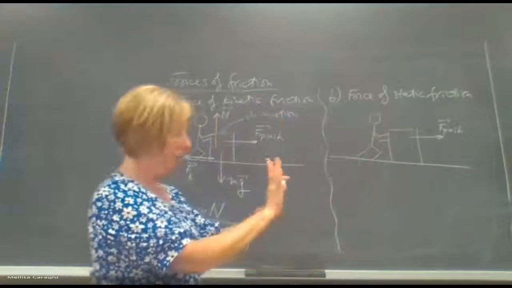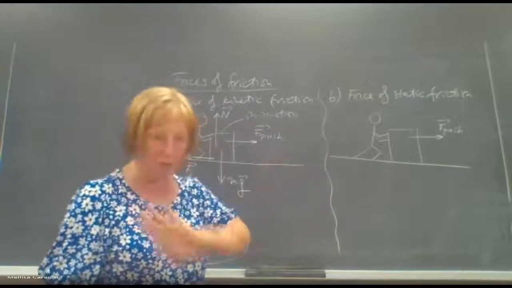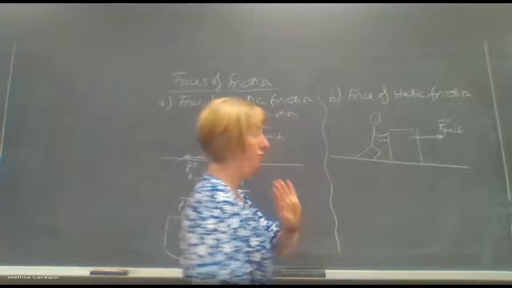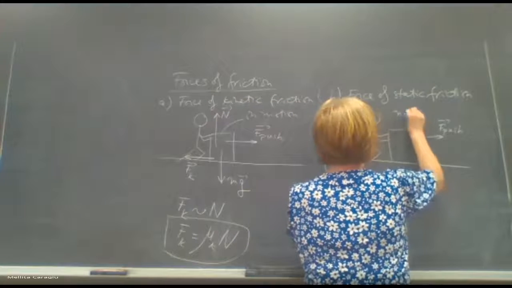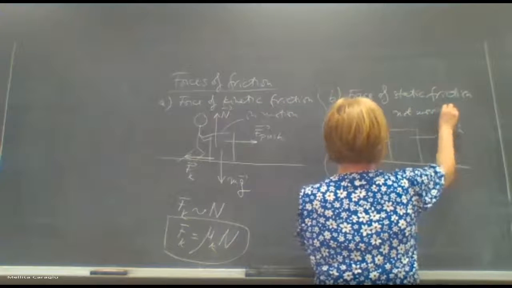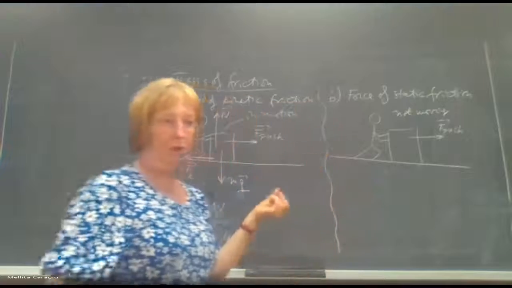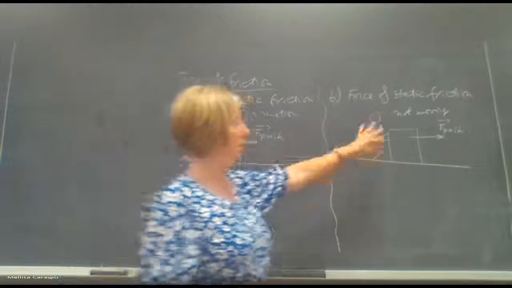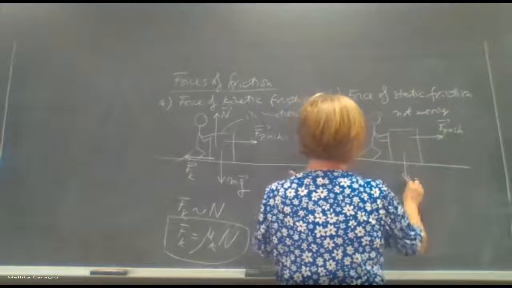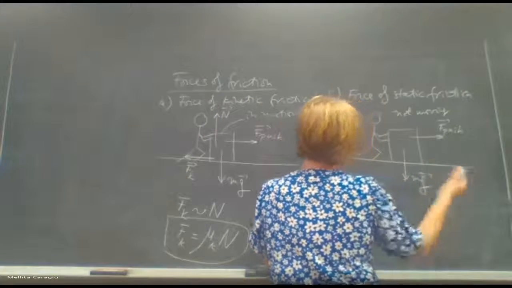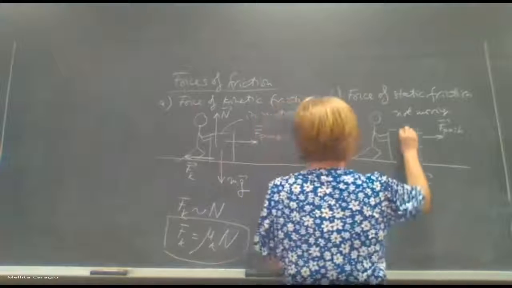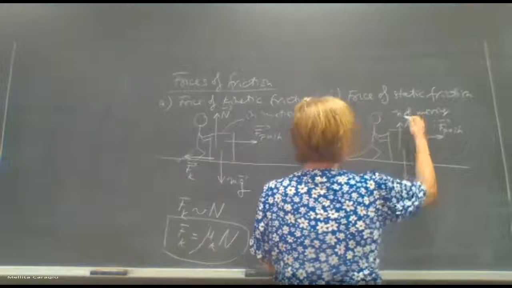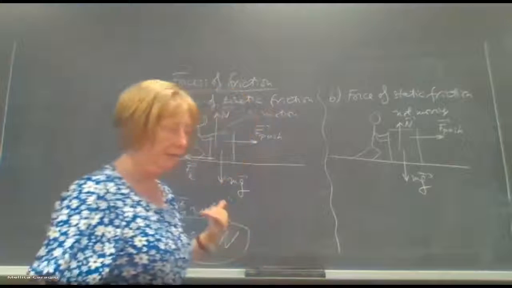So you're pushing the crate, but the crate is not moving, right? But not moving. And then the question is, let's draw all the other forces acting upon this crate. And you have to say, okay, it's the weight, of course, mg. It's the normal force, of course, because it sits on a hard surface.